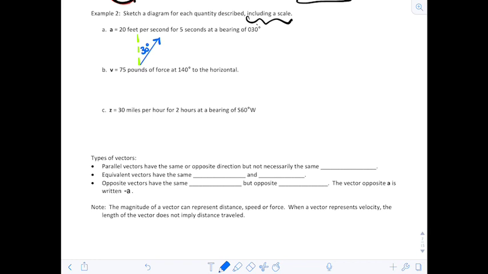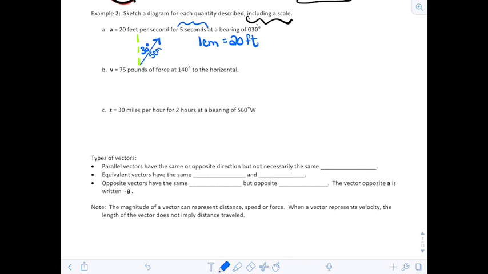So to give this a scale, I'm going to say that 1 centimeter would represent 20 feet of distance. And if I'm going to draw this for 5 seconds, I'm going to let this measure 5 centimeters long. So sometimes we would take a ruler and do that, but we're just going to label and call it 5 centimeters.